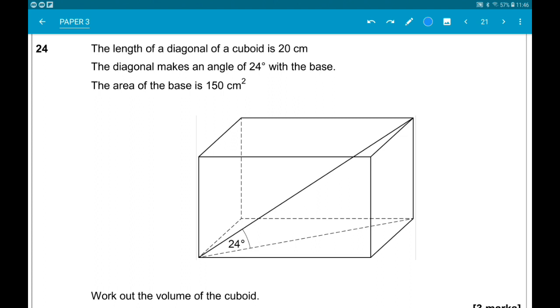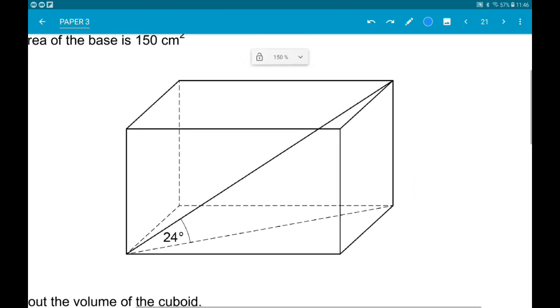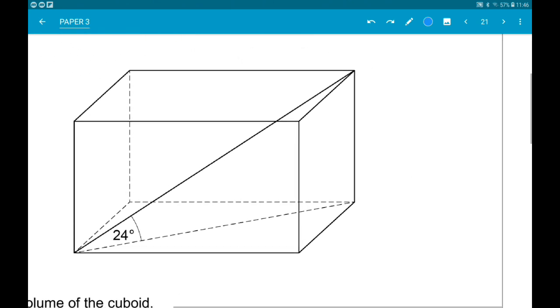Now to work out the height, luckily, that is just the length of this right-angled triangle that we have here. So, we know the diagonal is 20, that's the hypotenuse. We want the opposite.